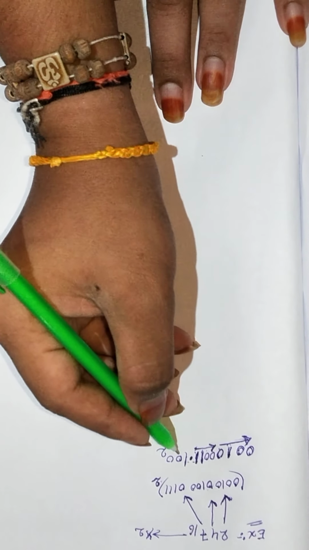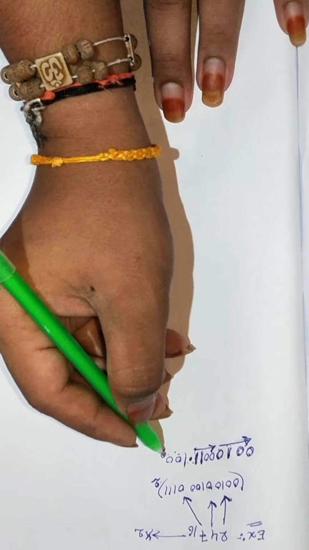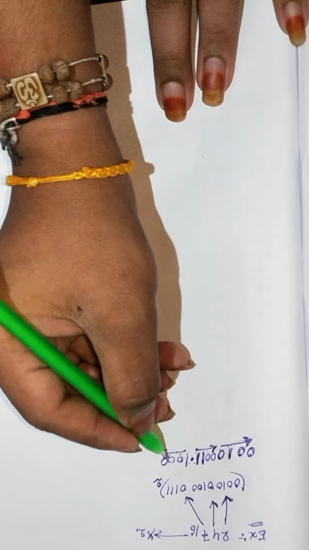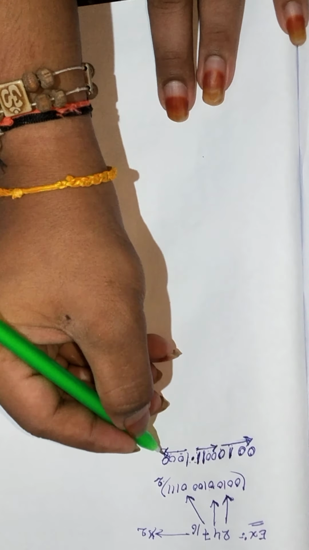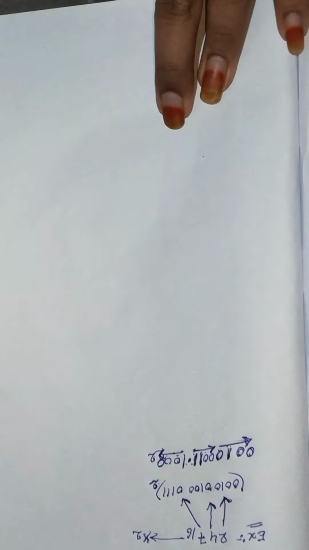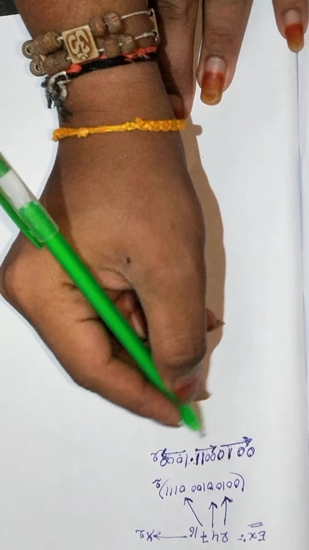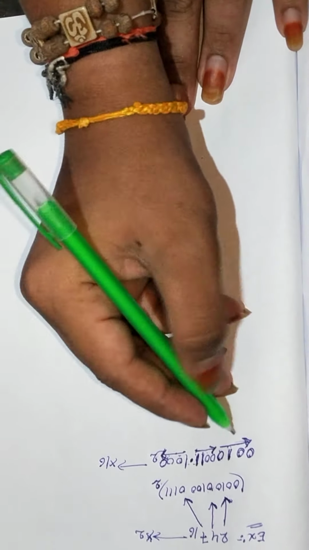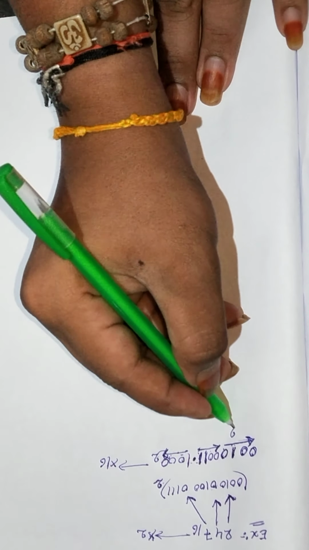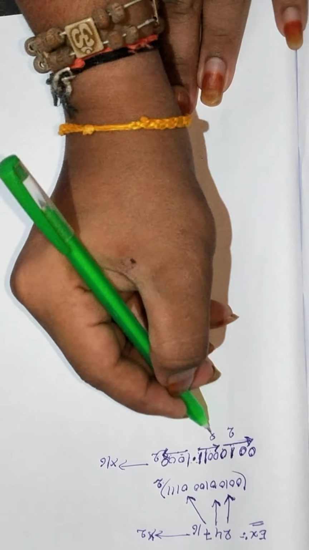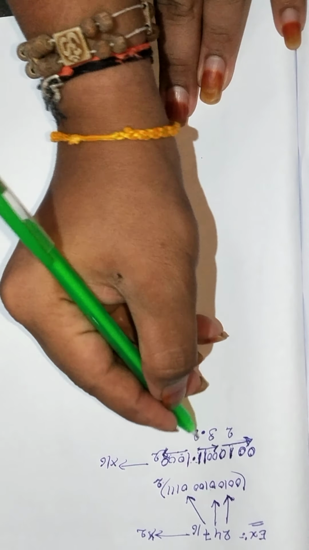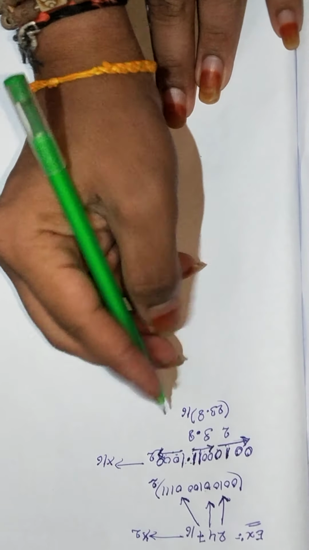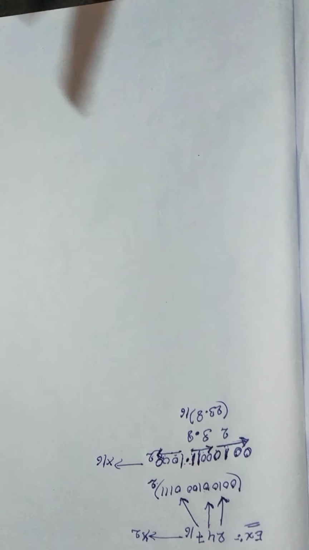By adding 0, in this binary to convert to hexadecimal, this is the value of 2, this is the value of 3 point, this is the value of 8, 23.8 hexadecimal. This is the conversion of binary to hexadecimal.